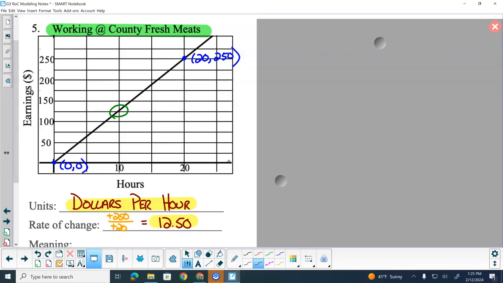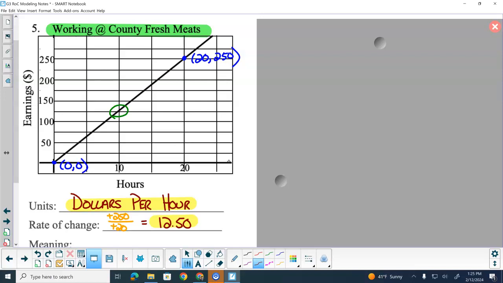Here's how simple it could be. When I work at County Fresh Meats, I make $12.50 per hour. That's my story. If you get a job at County Fresh Meats, you could make $12.50 per hour. That's another story.